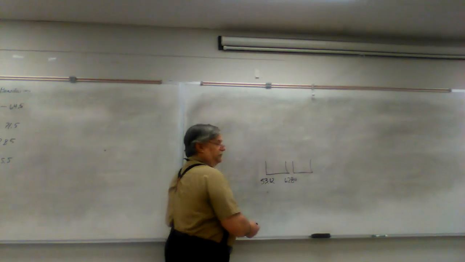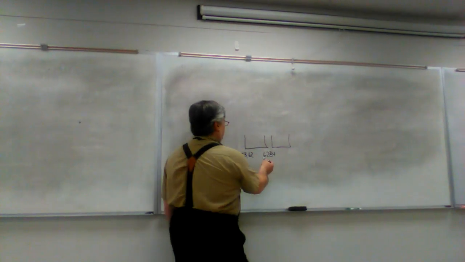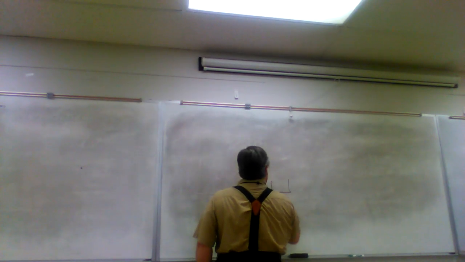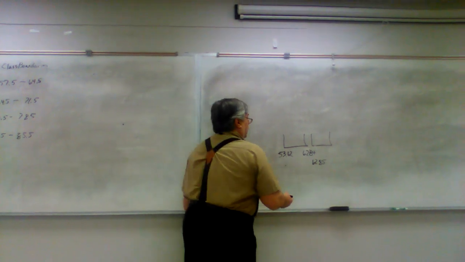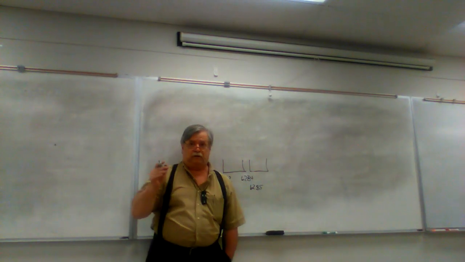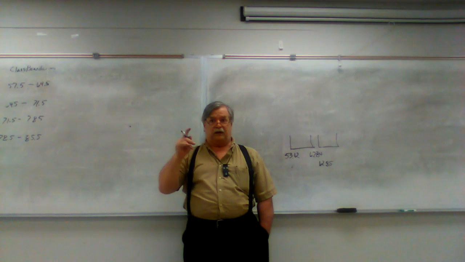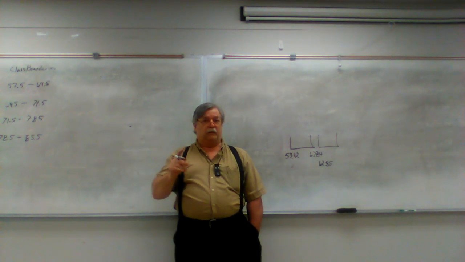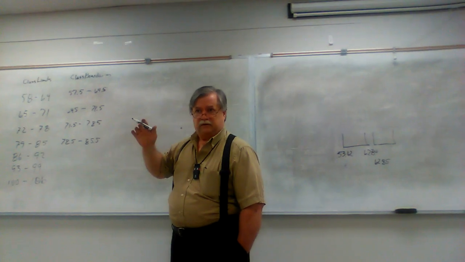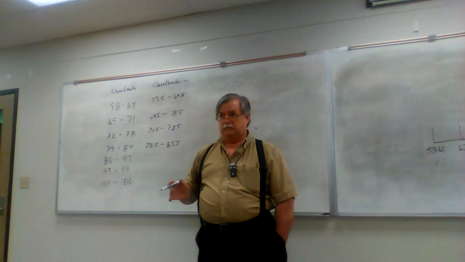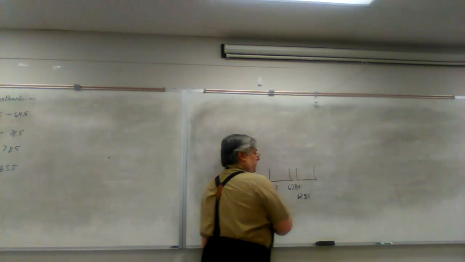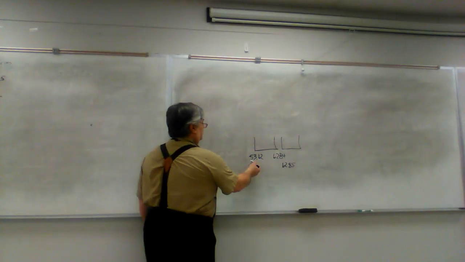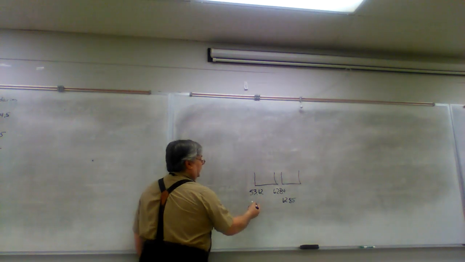What then would be the class boundaries? Because we know the next one would be 62.85. Okay? Because the next class will always be an increment of 1 in the last digit of the data. Okay? So what will the boundaries be in this case? What's the lower boundary for this class?